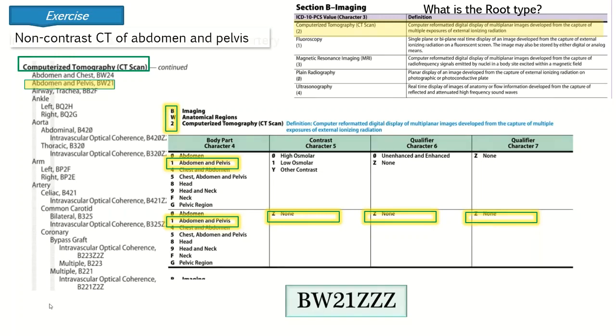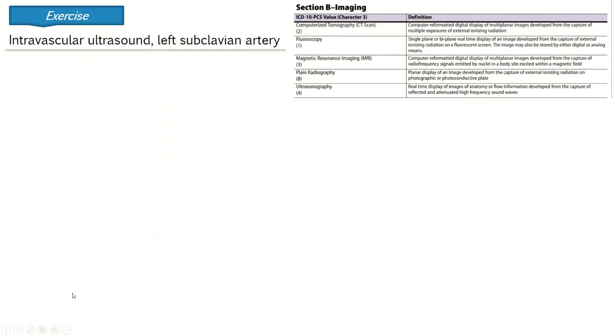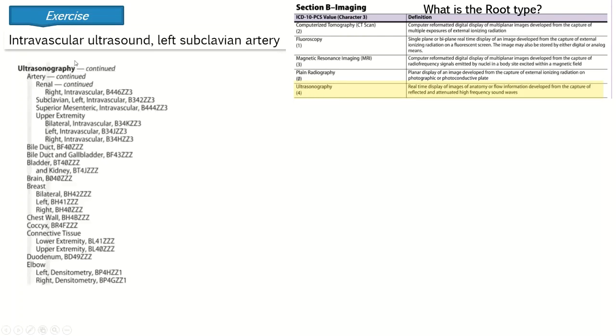We have another exercise, and this is intravascular ultrasound, left subclavian artery. All right, coders, you know what you have to do. What is the root type? If you said ultrasonography, outstanding. So we're going to go to the index, look up ultrasonography, then we're going to scroll down.